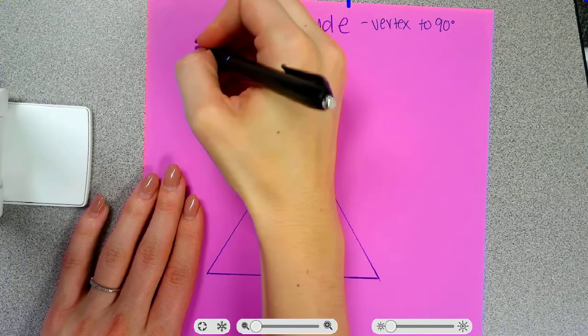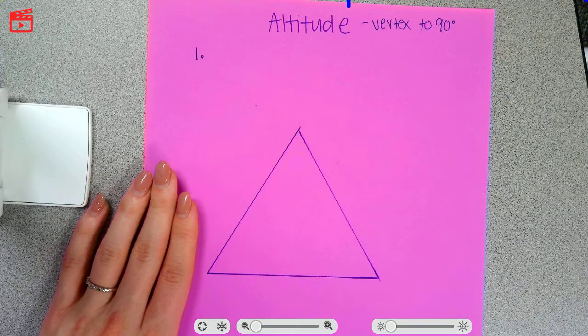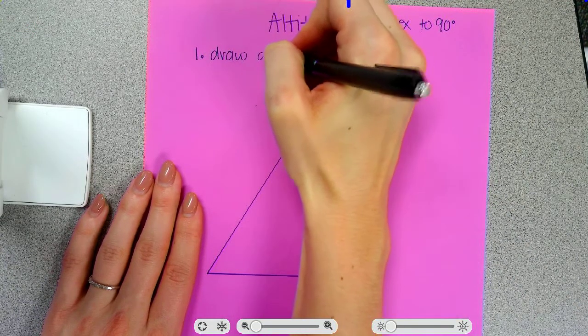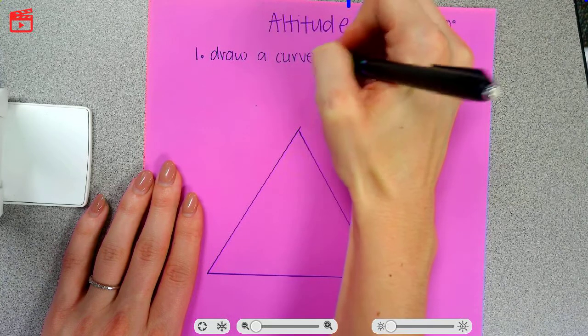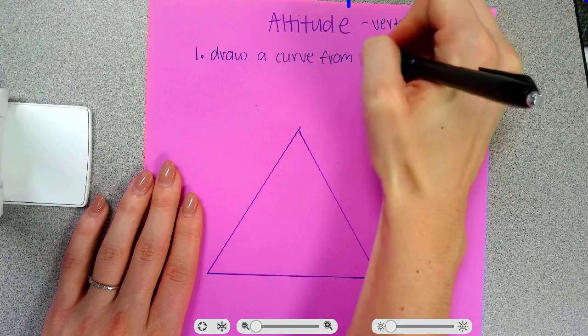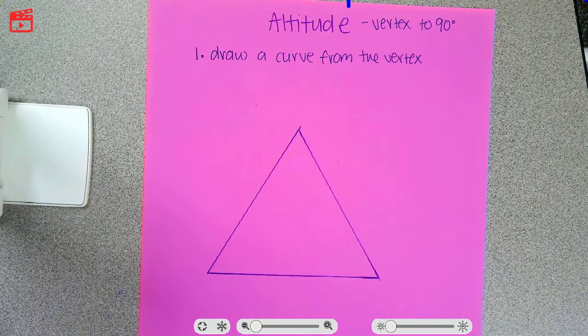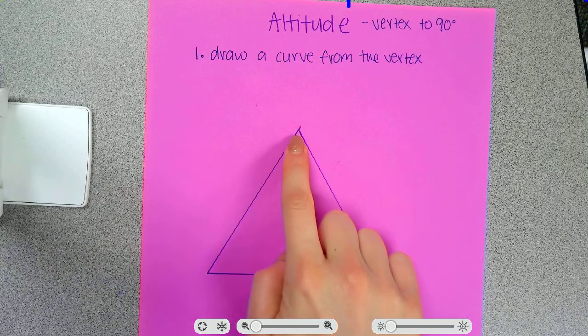So the very first thing you always have to do with an altitude is draw a curve from the vertex. Then you'll realize what you have to do after that. So choose your vertex. I'm personally going to choose this top one.